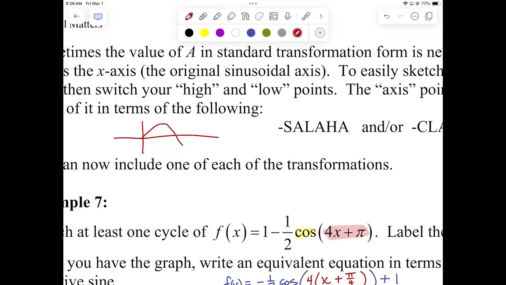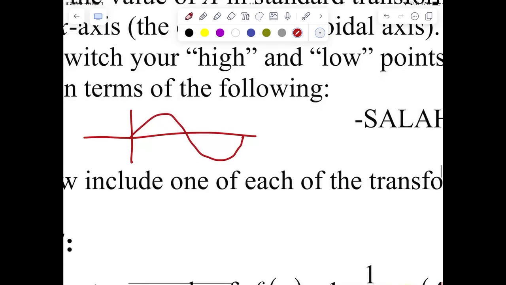If you have the graph of sine that looks like this, and you reflect it across the x-axis, it looks like this, right? So there's negative sine of x, and the red is positive sine of x. All you have to do is do this. The axis points stay the same, don't they? When you reflect something across the x-axis, the axis points don't change. But what happens to the highs and lows?